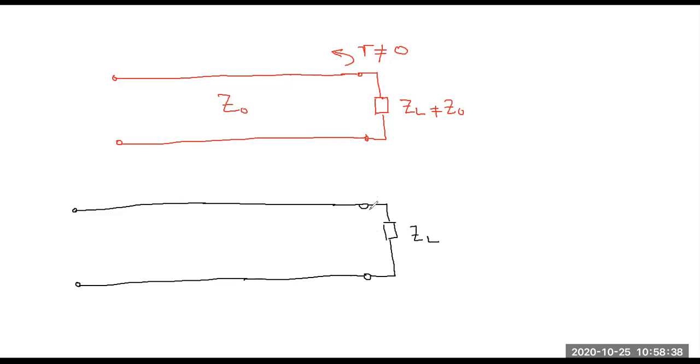One stub will be connected. Again, you can connect the stub at any position, but it makes our analysis quite simple if we connect the first stub right at the position where the load is connected. So this is the position at which the load is connected. At these 2 points, we will connect one stub in shunt configuration. Okay, so this is stub number 1.